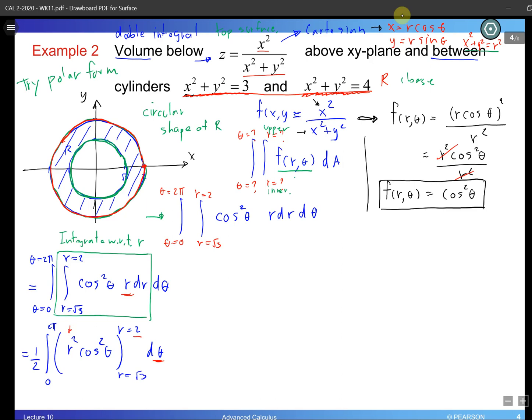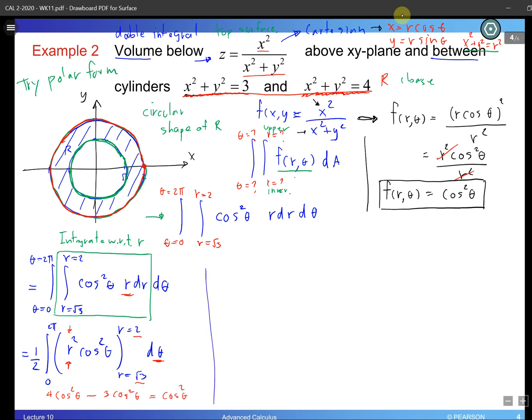It becomes 4. Cosine theta squared minus square root of 3 goes in. Right here, it's going to be 3 cosine theta squared, right, 4 minus 3. So let's continue our calculation right here.